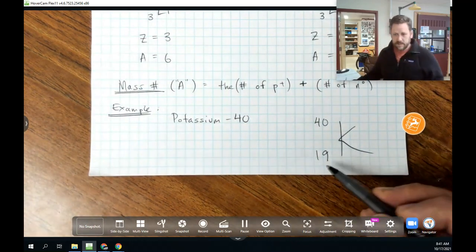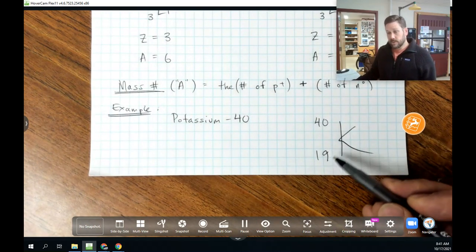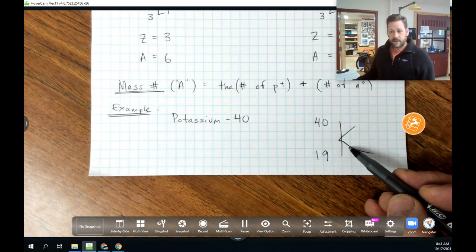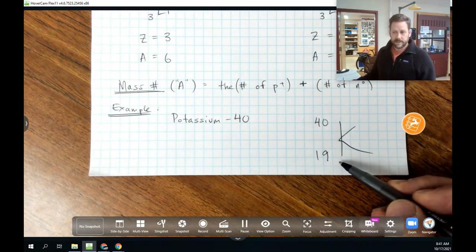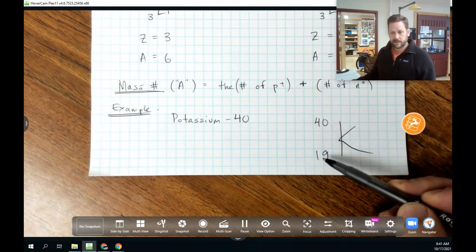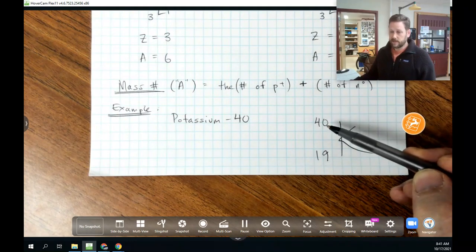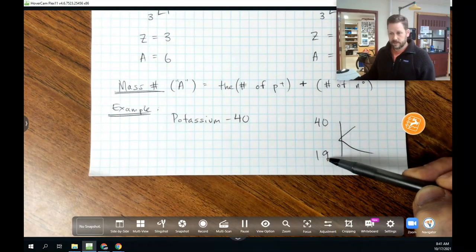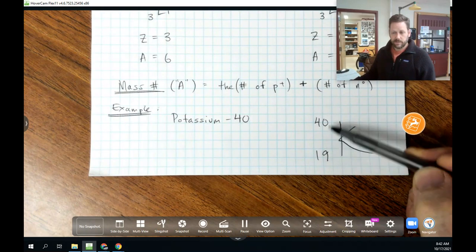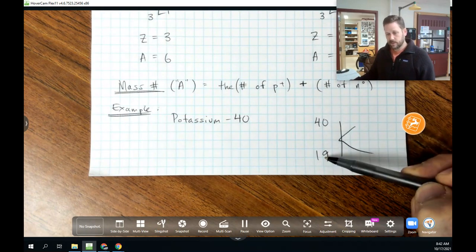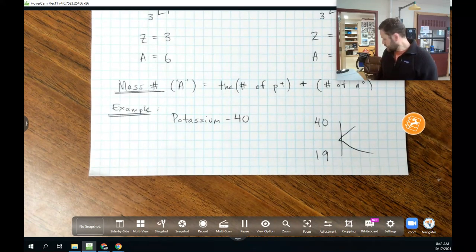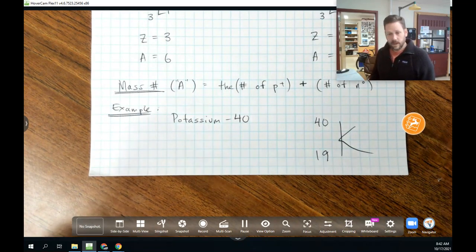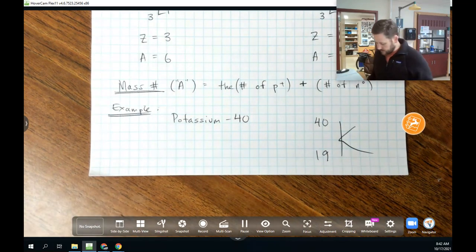And of course, it may seem redundant to do this, right? If it's potassium, then of course it has 19 protons. Otherwise, it wouldn't be potassium. So why do we set it up like this? Well, this way, the mass number minus the atomic number can be thought of as a subtraction problem that's ready to go to give us the number of neutrons. And so this will also be a helpful formula for us to have in our notes.